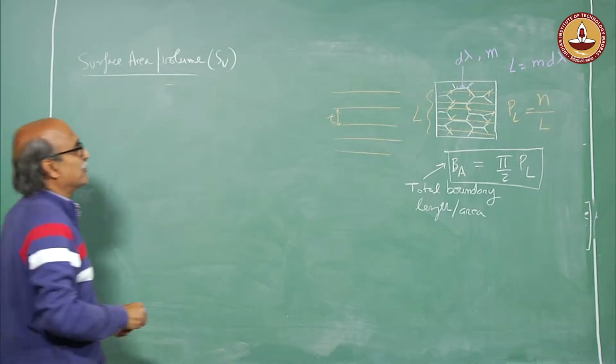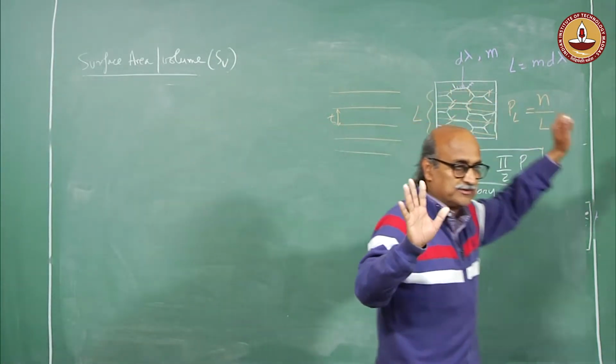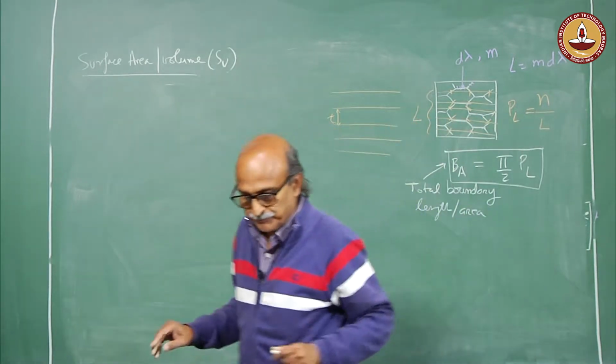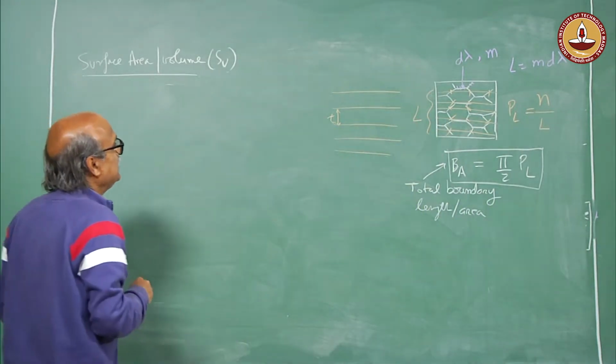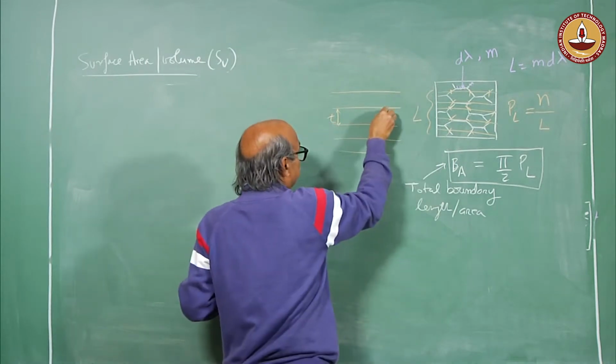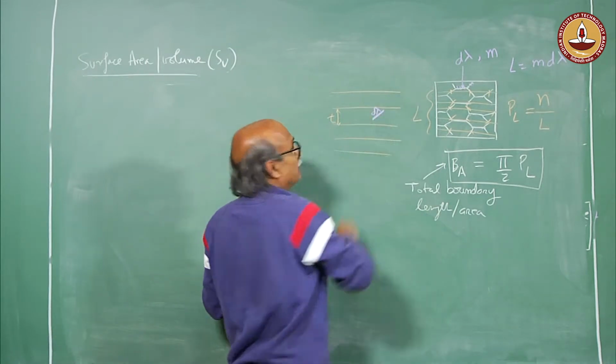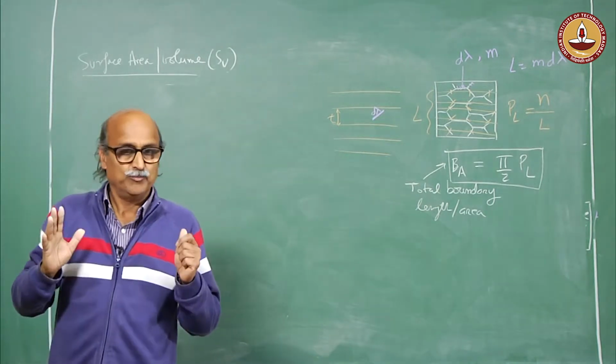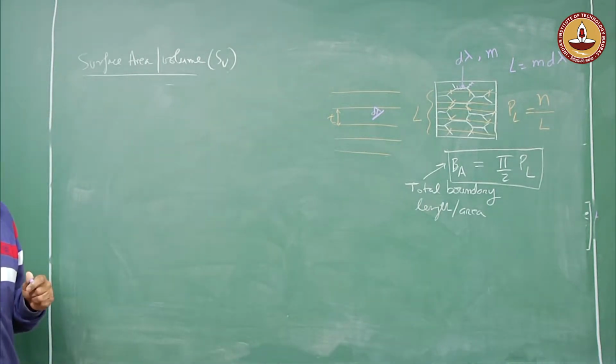Now, these grain boundaries are completely randomly oriented. This is the assumption that we need to make here, which means that each of these elements d lambda behaves like a Buffon's needle.